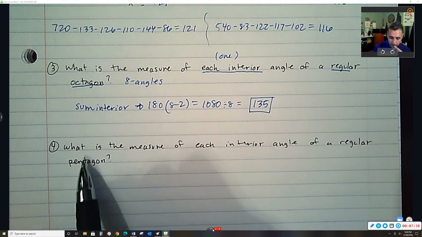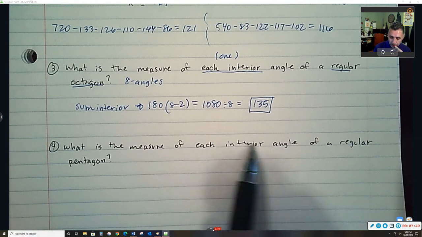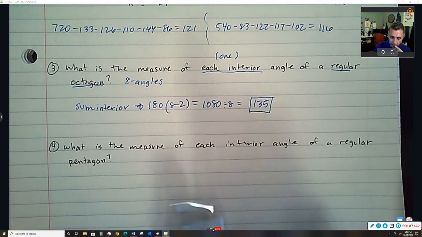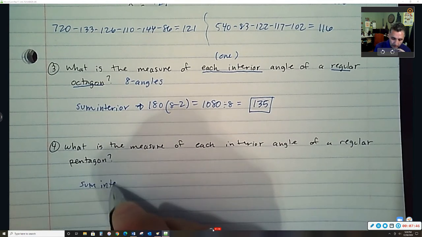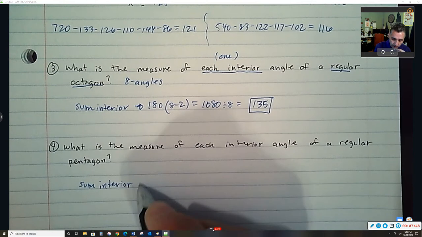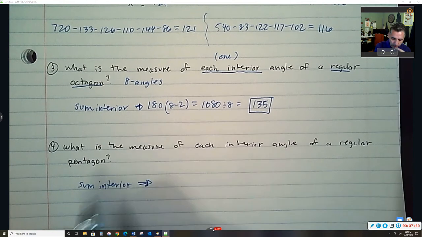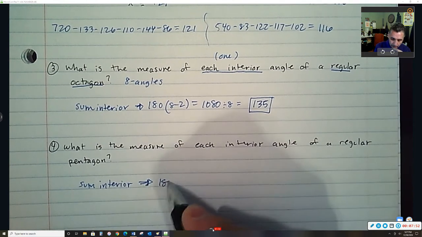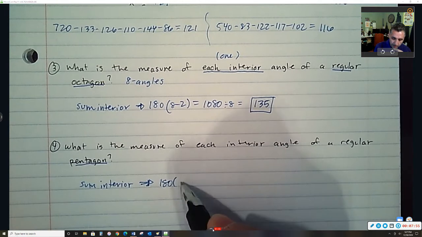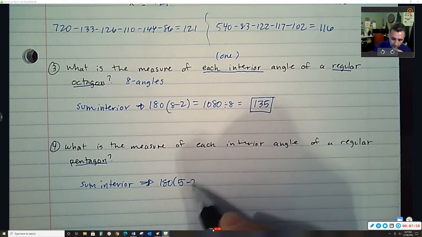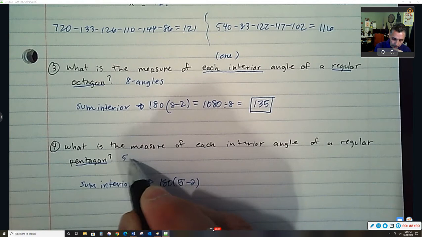So let's go for this one. What is the measure of each interior angle of a regular pentagon? Again, because it's a regular pentagon, that means all the angles are equal. So let me use my formula. A pentagon, again, we'll go over the names in a second, has 5 angles.